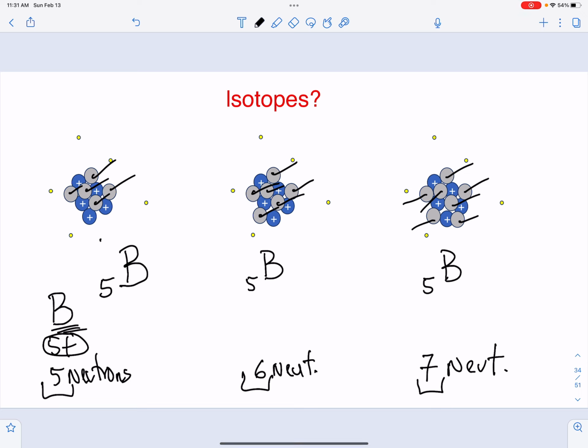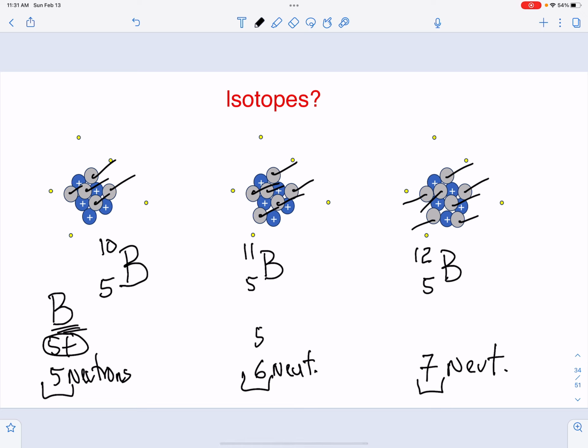And then this one is going to be 10, this one is going to be 11, and this one is going to be 12. See if you can figure out where the 10, 11, and 12 are coming from. I'll give you about 3 seconds to try to figure that out. Where are the 10, 11, and 12 coming from?